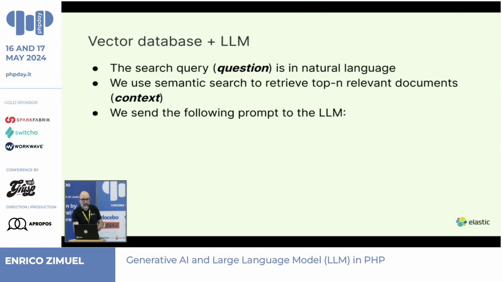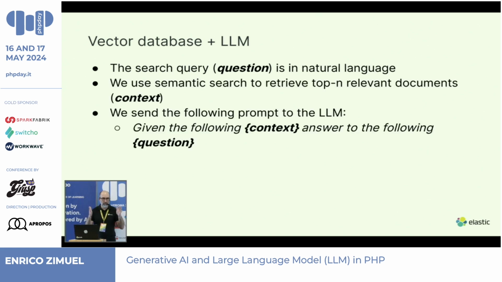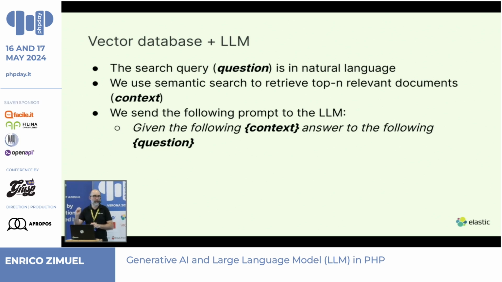So the idea is to use this database, and at the end of this architecture, what you send to the LLM is a sentence like: given the following context, answer the following question, where context is the result of the vector database, the most probable documents. Imagine you are concatenating a string of documents.